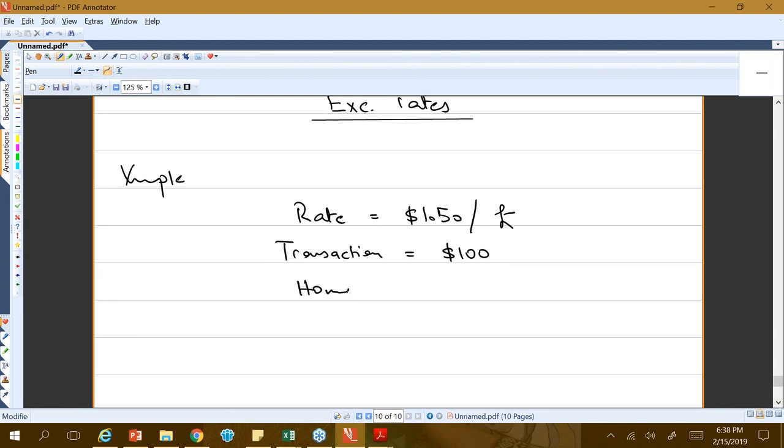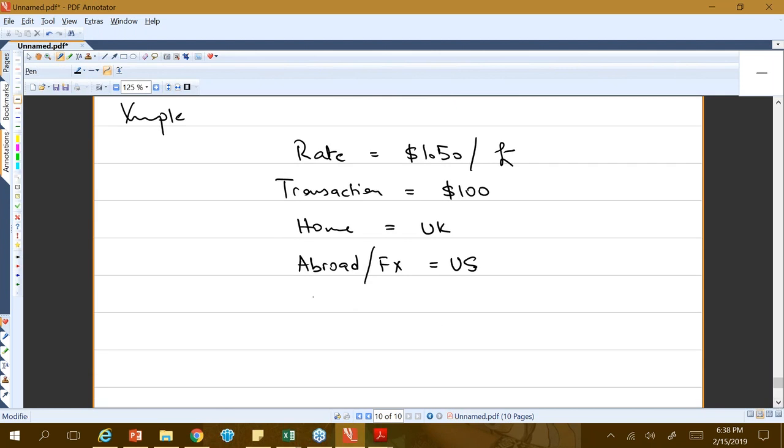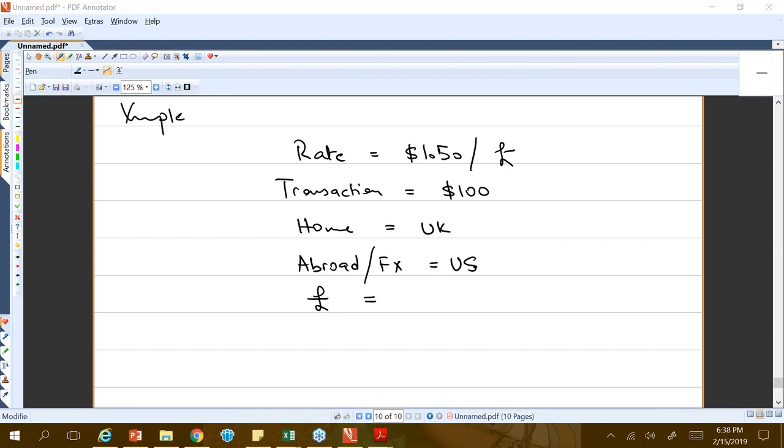The home is the UK and abroad, or the FX, foreign currency, is the US. Can I ask you to please convert this transaction and tell me how much this would be in pounds? So can you convert this transaction into pounds and tell me how much you would get?